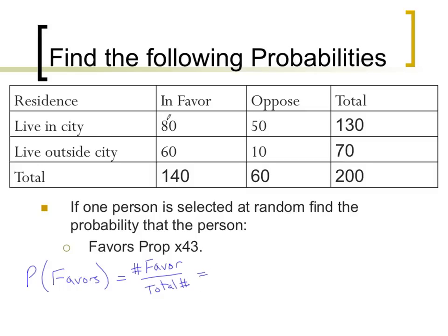In favor is right here, and there are 140 people out of the total, which is 200. This would reduce to 7 over 10, or 70%.